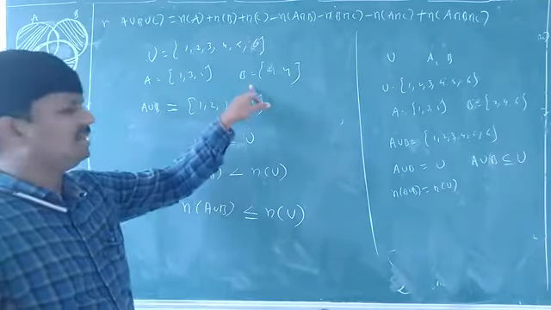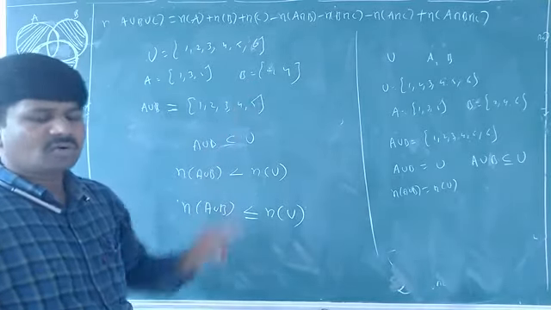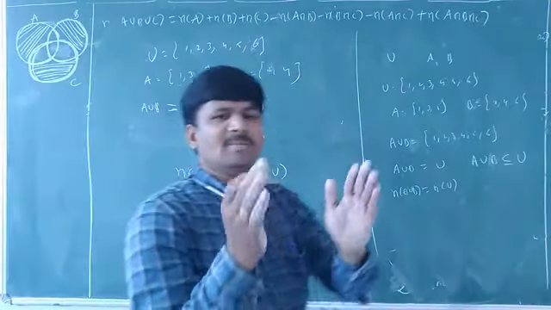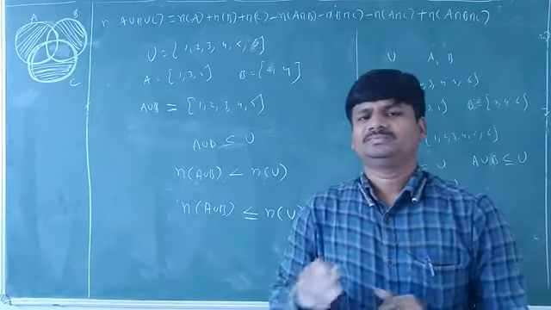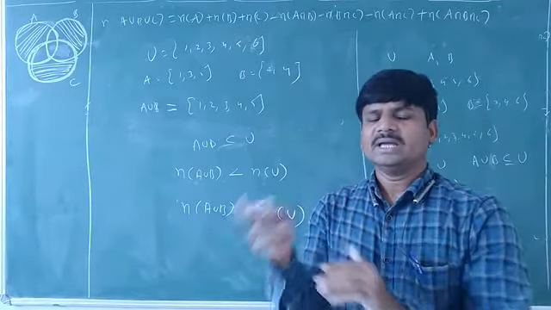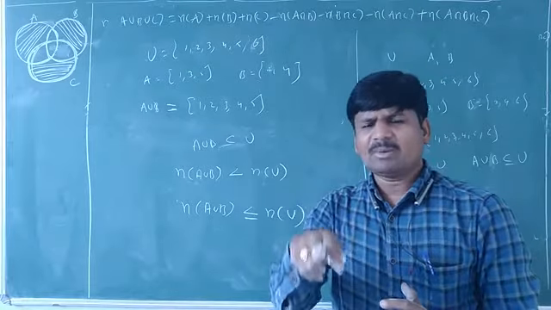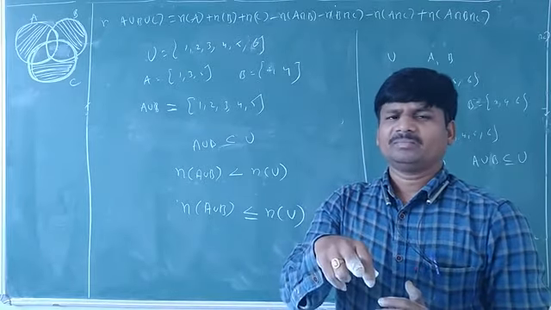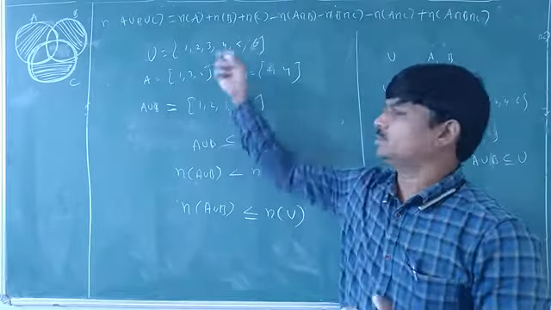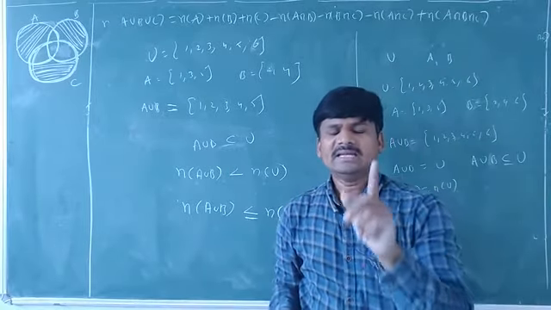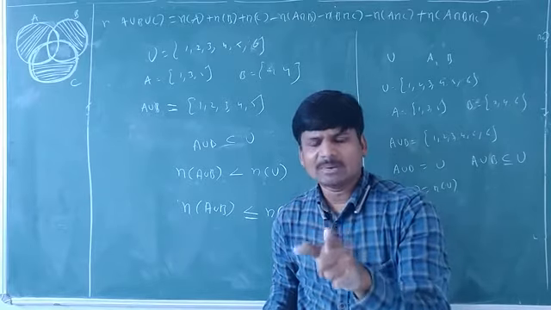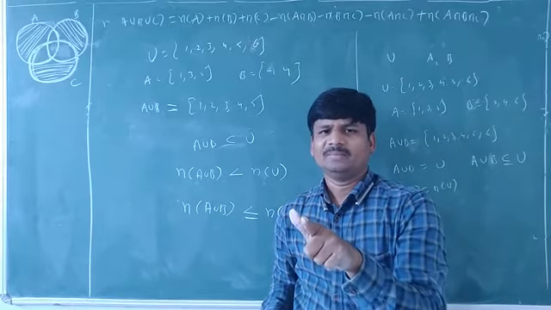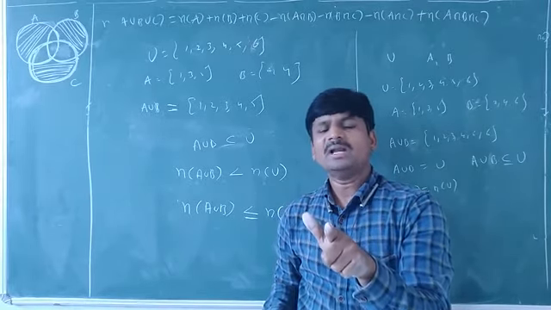Okay. If you find A and B, compulsorily what do we have to get? A union B elements must be less than U or equal to U. In A union B, maximum how many elements will you get?